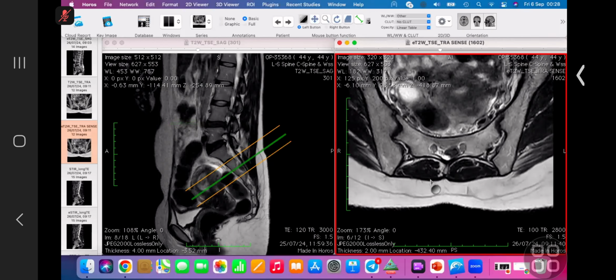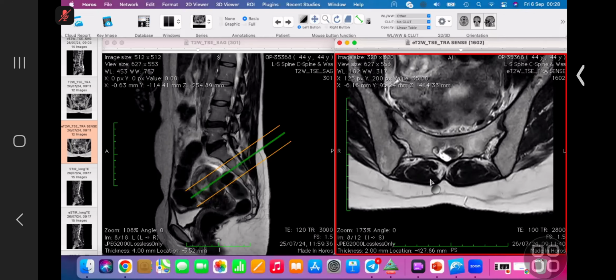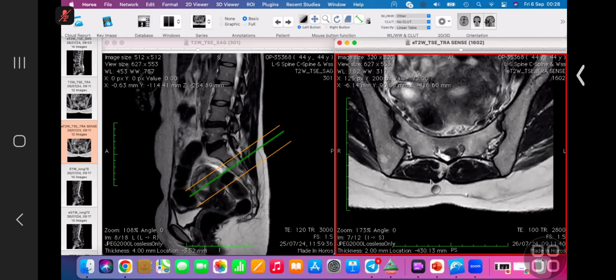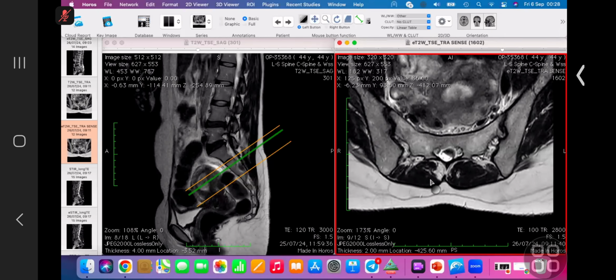So, where do you think the lesion is? Now, I think the lesion is seen within the spinal canal itself.